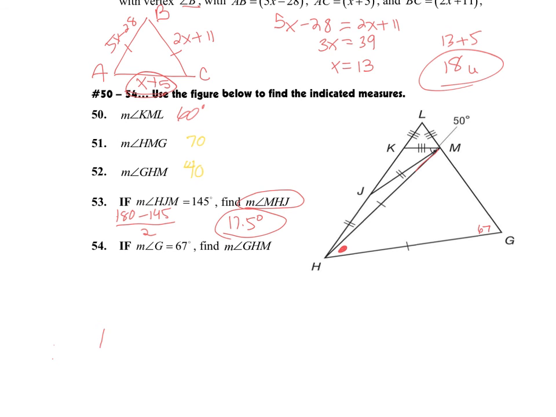When we're looking at this triangle, we have an isosceles triangle, and here are congruent sides. So this would be 67, and this would be 67. If we look at triangle sum, and if we take 180 minus 67 minus 67, that's going to tell us that that angle in there is going to be 46.